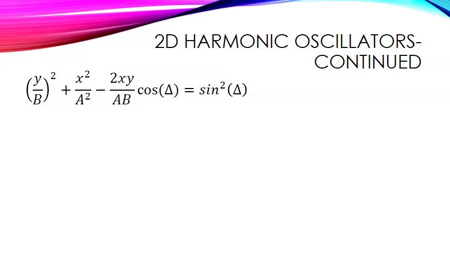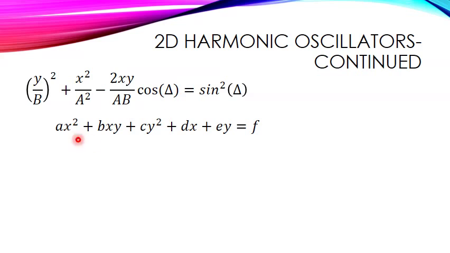So what can we do with this? Well, this is an abstract, very general quadratic polynomial. See right here, this little a would be 1 over big A squared, and this b here would be minus 2 cosine delta divided by AB, and so on and so forth.